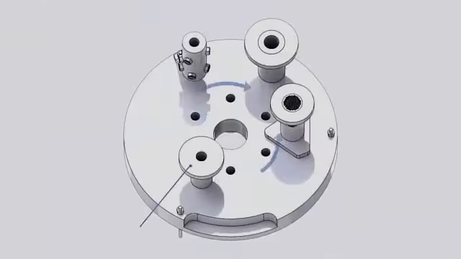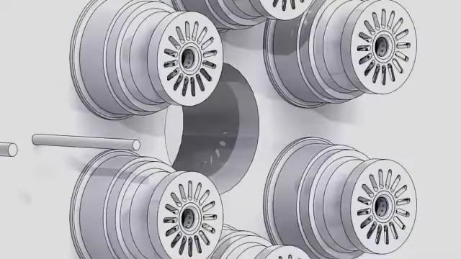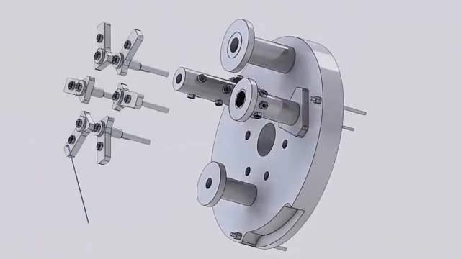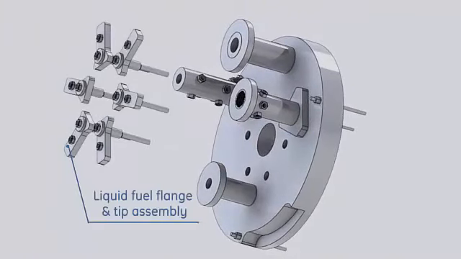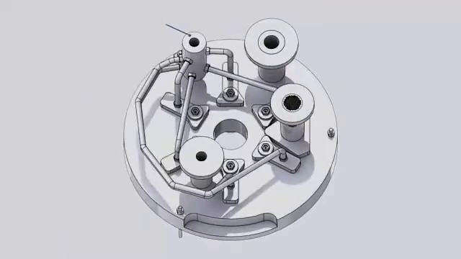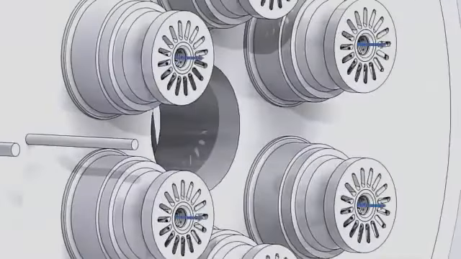Atomizing air is introduced in the same manner through internal passages and exits to the primary zone through multiple holes on each of the gas tips. Water is supplied to the primary water injection manifold, then distributed to the 6 nozzles through piping to each one of the fuel oil flange and tip assemblies.